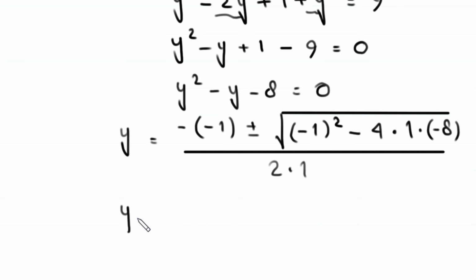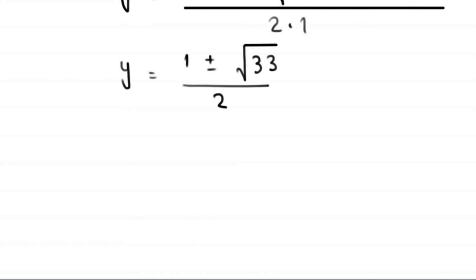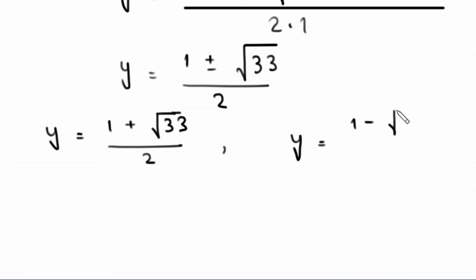Further simplify, y will be equal to 1 plus minus the square root of negative 1 squared is 1 and negative 4 times negative 8 is plus 32. 1 plus 32 will become 33 divided by 2 times 1, 2. It means that from here we get two values of y. y is equal to 1 plus root 33 divided by 2, and y will be equal to 1 minus root 33 divided by 2.